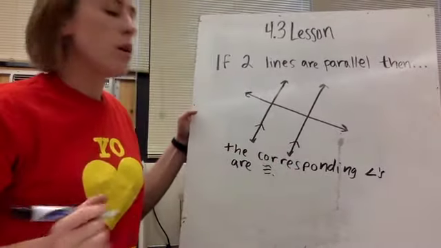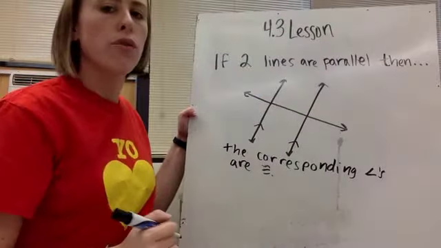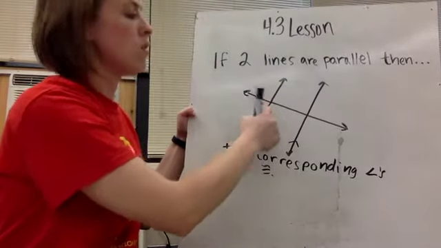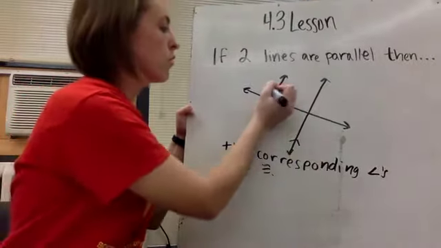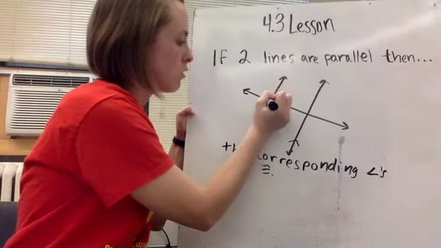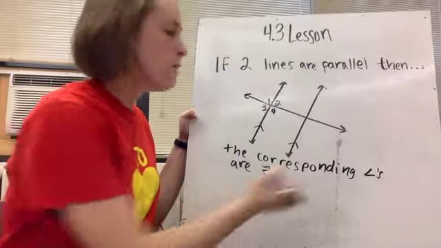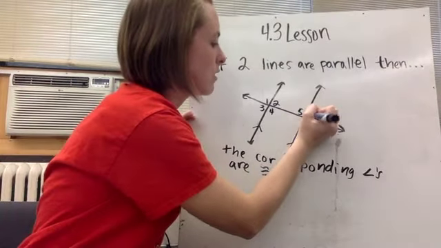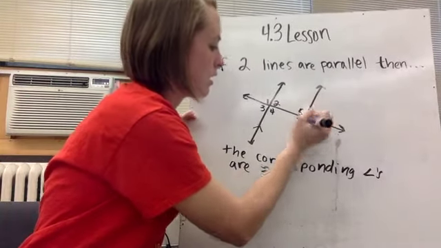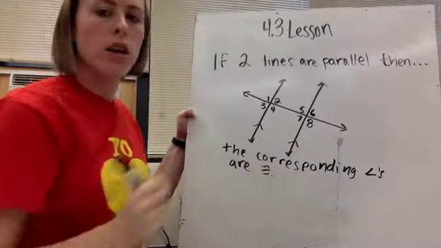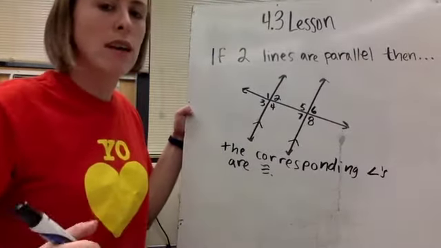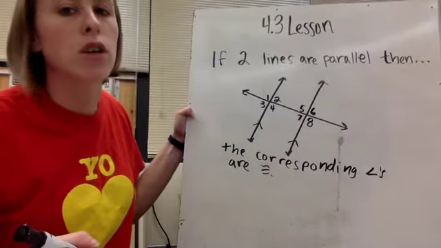So what we want to do is go ahead and label all of our angles here. We have the 4 in this group and the 4 in that group. So I'm going to label this 1, 2, 3, 4. You go ahead and do that as well. 5, 6, 7, 8. Make sure you have your little arrows. Make sure you write this sentence down. The corresponding angles are congruent.